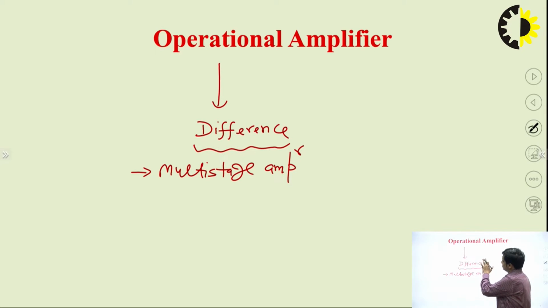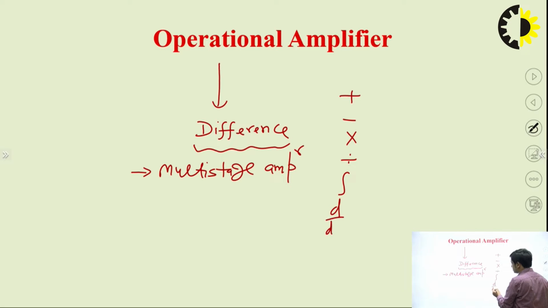Initially when this operational amplifier was invented, it was used to perform different operations, for example addition, subtraction, multiplication, division, integration, differentiation, then as a log amplifier and as an anti-log amplifier.